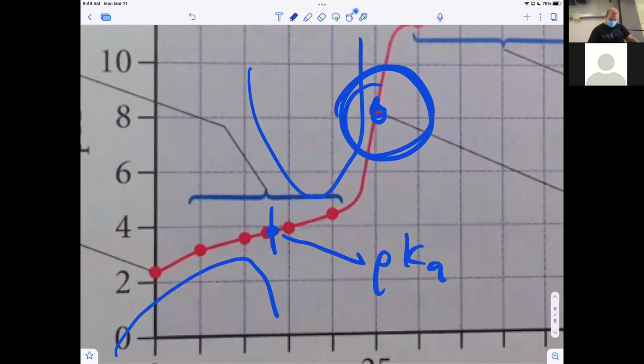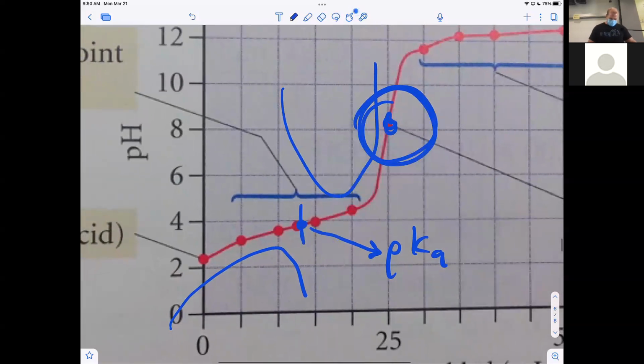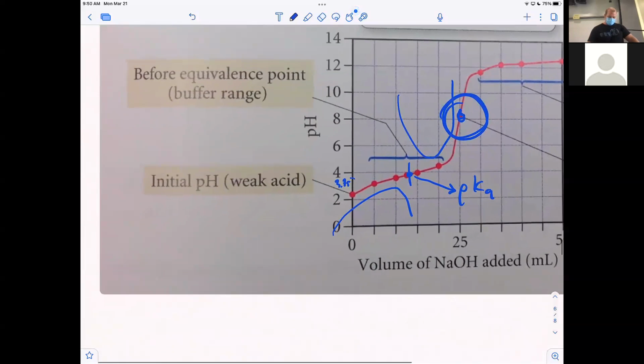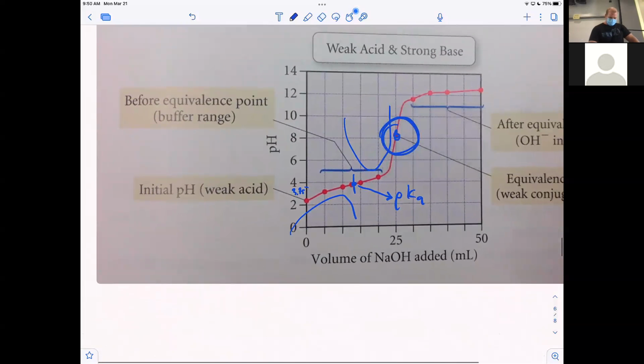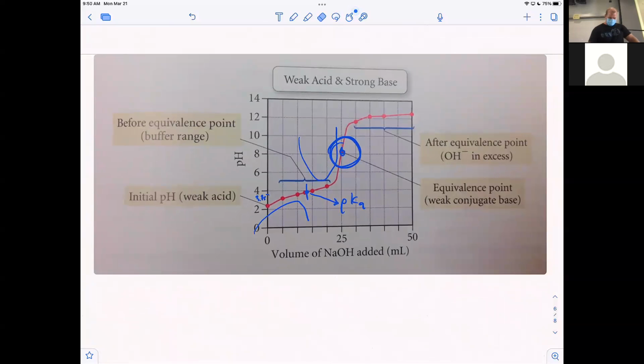So this acid, whatever it is, its pKa is going to be about 3.75-ish. Maybe 3.8, a pH of about 3.8. So that means it's going to be something like formic acid or hydrofluoric acid. So you can tell a lot of stuff from these graphs.